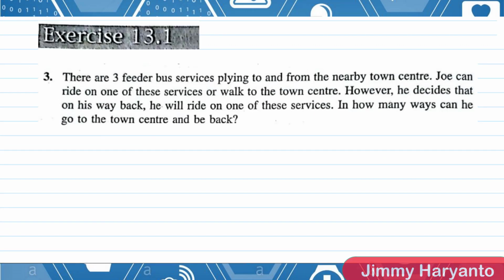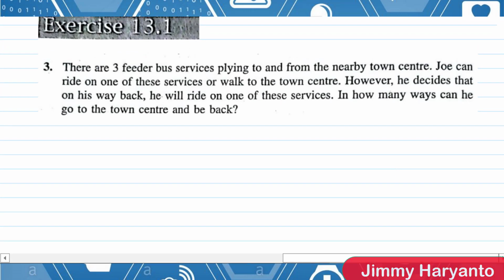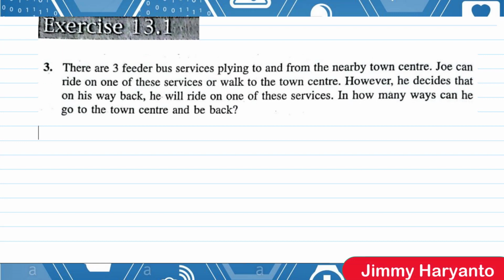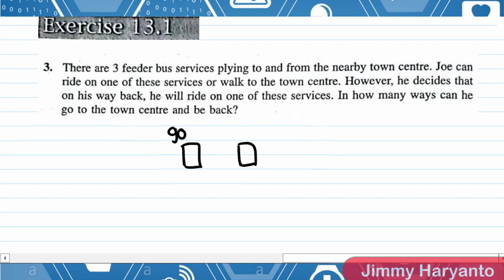Okay, so now we have Joe. Joe has to go to the nearby town center, and then he has to go back to his home. So we have 2 boxes for this one. First is go to the nearby town center, and then for the second one he has to go back to his house.